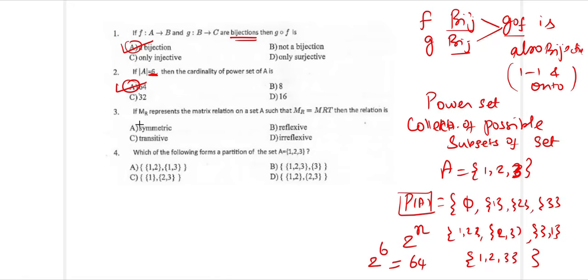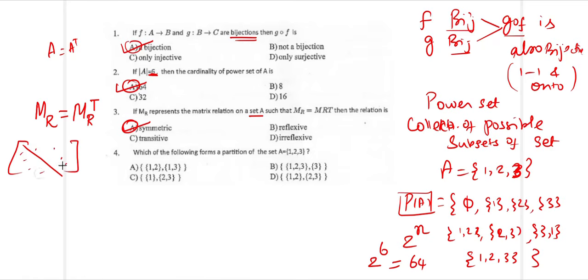Next, if MR represents the matrix relation on a set A such that your matrix relation MR is the same as MR transpose, T meaning transpose. When will your A be equal to A transpose? This will hold only when the relation or the matrix is symmetric. What do you mean by symmetric? Along the diagonal, above and below the diagonal you have the same elements.